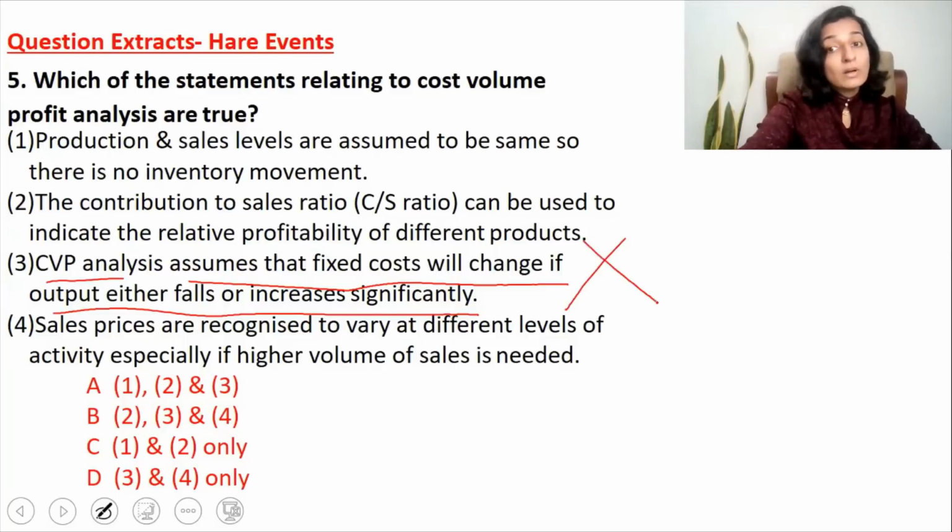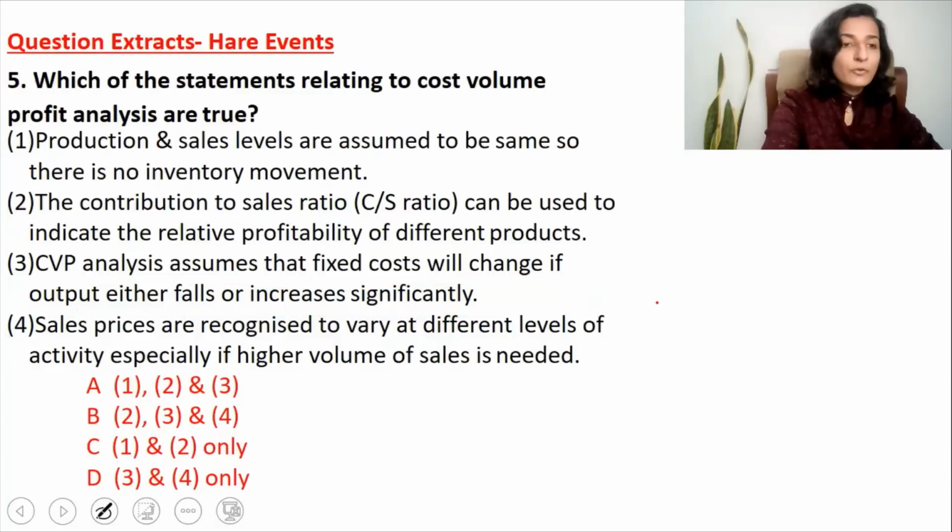This is wrong. The primary assumption is fixed cost will remain fixed. It will not change as long as it's in the relevant range. So within the relevant range, it is assumed that fixed cost will be constant. So statement 3 is wrong. Now coming to statement 4.